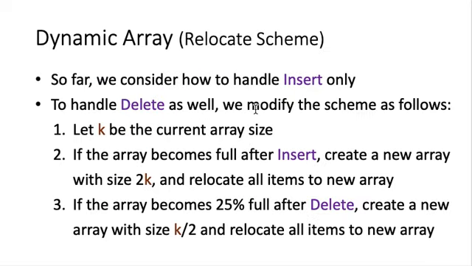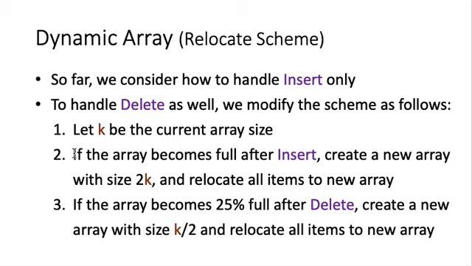But so far, this is the dynamic array problem half solved because we have just only handled the insert operation. Now to handle the delete operation as well, we will modify the scheme slightly as follows. So again, we will use K to denote the current array size.